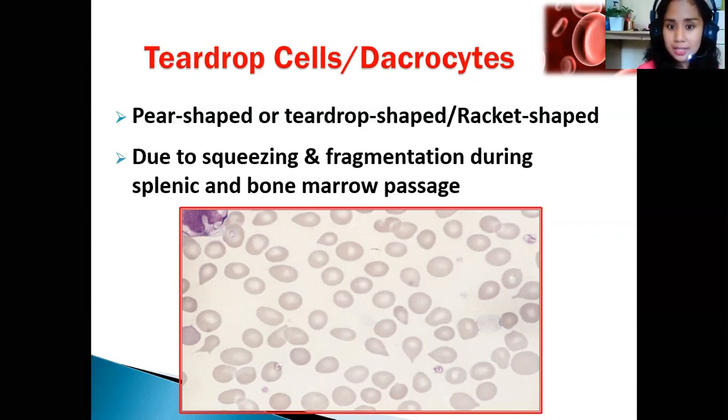Your red blood cells, class, lumalabas sila sa bone marrow, lumalabas sila sa spleen. Pero at some point, nagiging masikip sa spleen and sa bone marrow, then nasi-squeeze yung dulo. That's why it looked like a teardrop. So, teardrop or dacrocyte or dacryocyte, or racket shape.